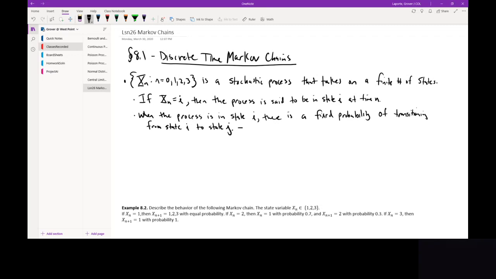And that fixed probability, we're going to let it be p sub ij.